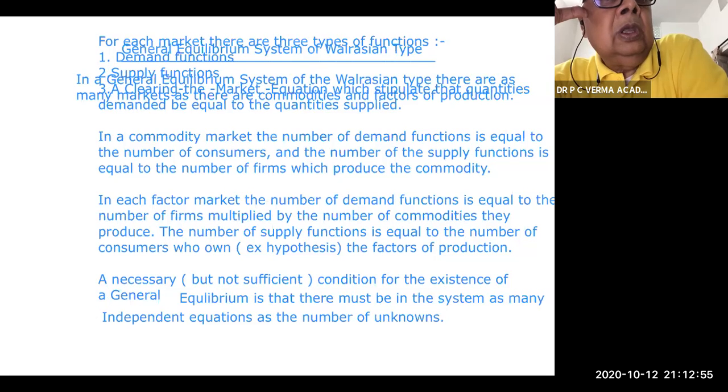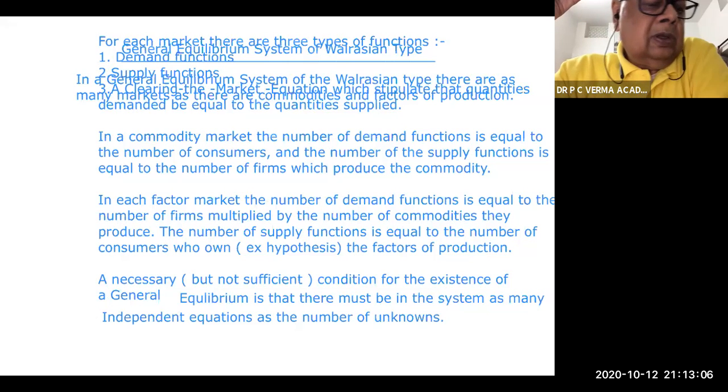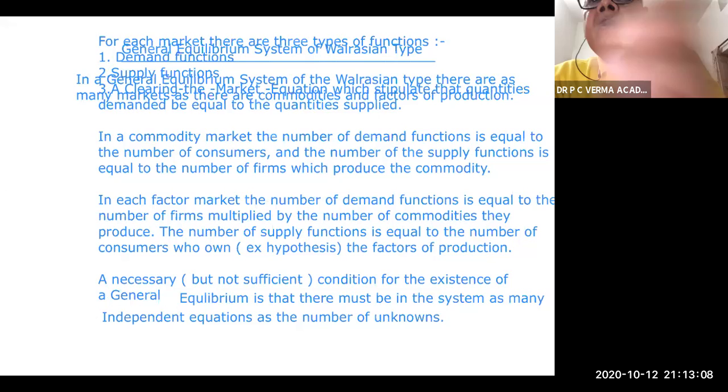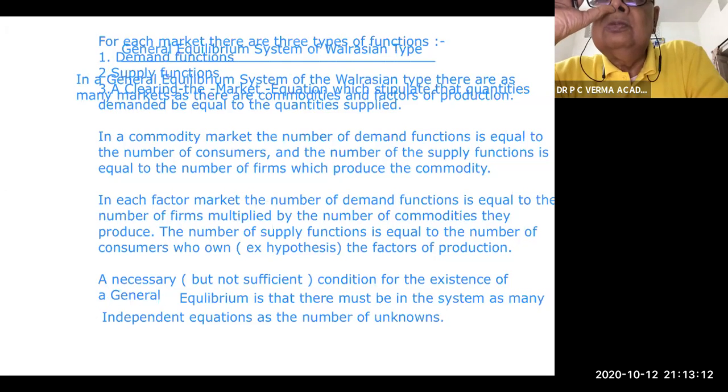Oh, I will send you my write-up on WhatsApp. Oh, okay. There is overlapping of typing also.